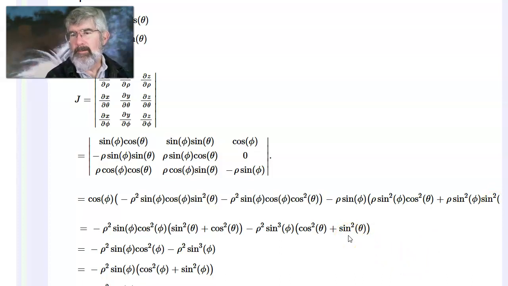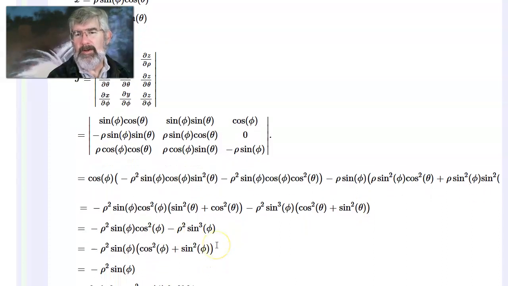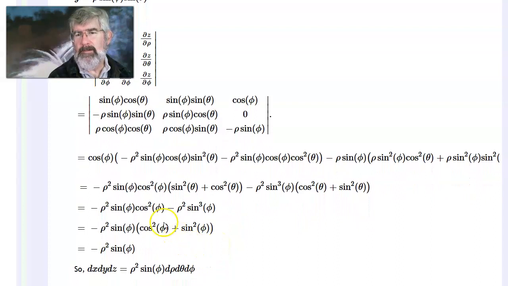Here, beautifully, both of these things in parentheses, this one right there and that one right here, are just 1. So I've got minus rho squared sine phi cos squared theta minus rho squared sine cubed phi, and I can factor out a rho squared sine phi from both terms, leaving a cos squared theta and 2 of the sine, not theta, cos squared phi, and 1 of the sine phi's is getting factored out, so 2 of them are left for sine squared phi, and then look at that.